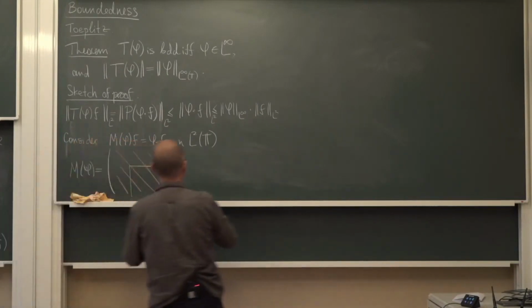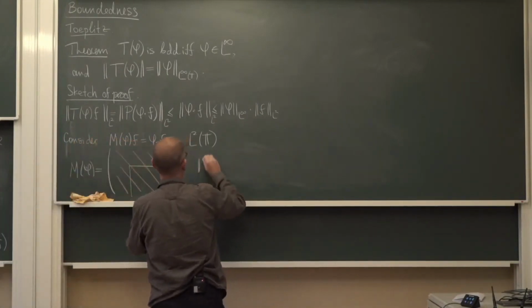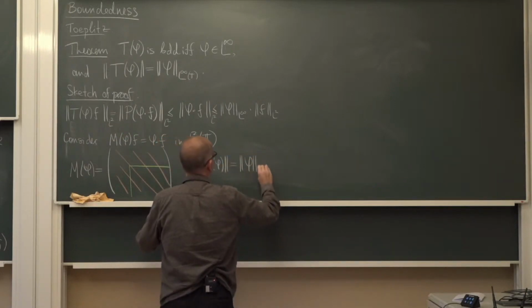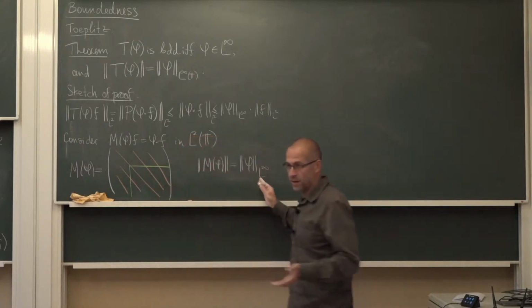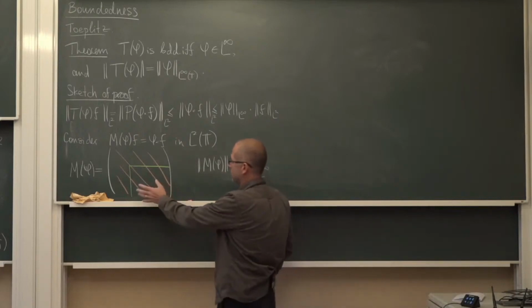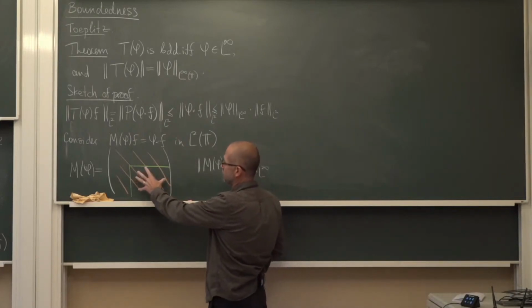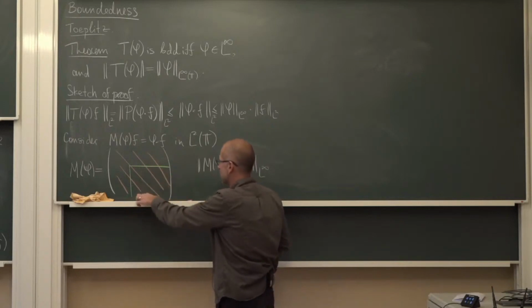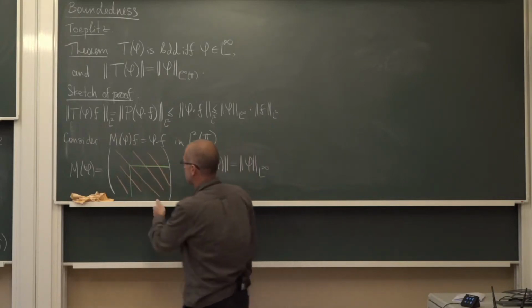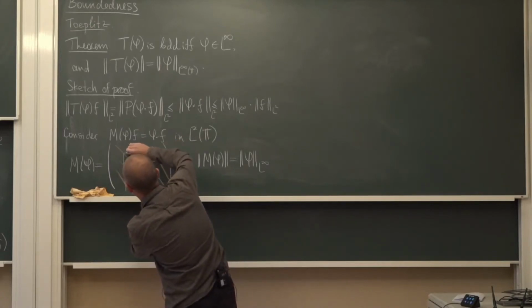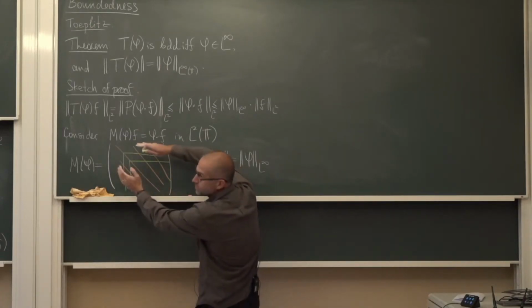Of course, the norm of the multiplication operator, as everybody knows, is exactly the L infinity norm of phi. Now we're asking what is the norm of this corner of this matrix. But let me make one step back in this direction.